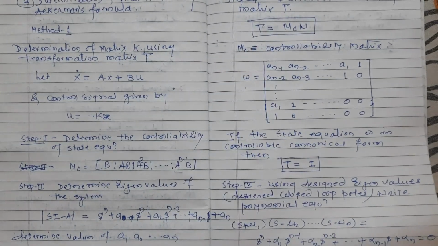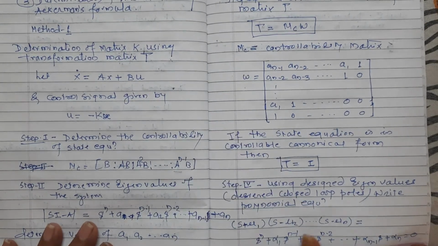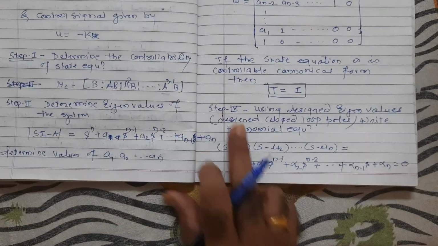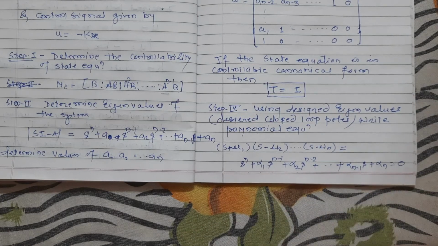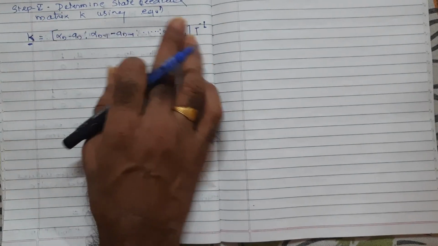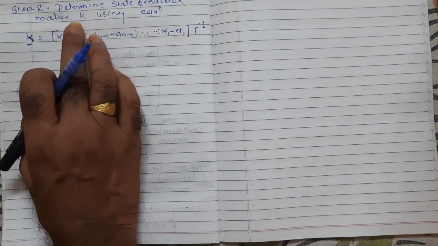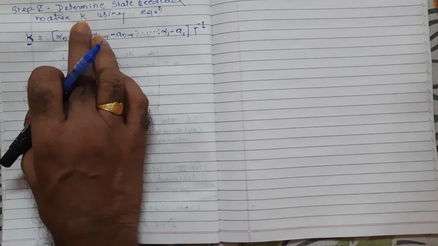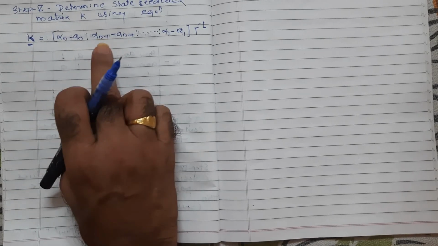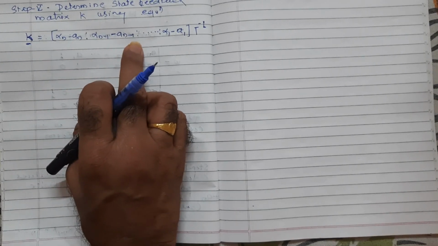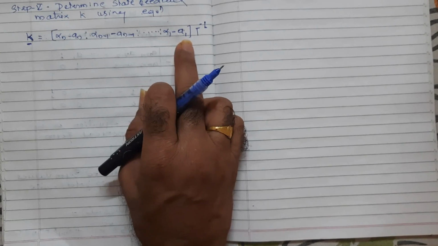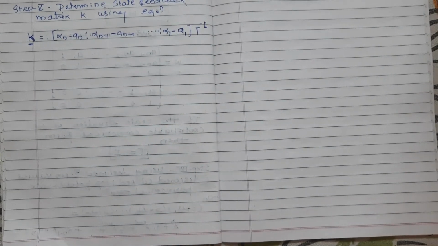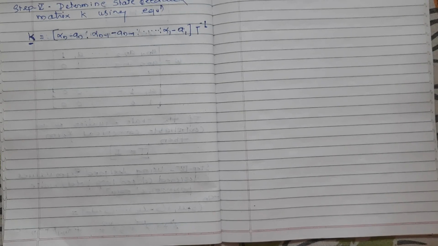Now after getting T, just find out from your desired pole locations alpha 1, alpha 2 up to alpha n, and then we will use the formula to find the state feedback matrix K. It is equal to alpha n minus an, alpha n minus 1 minus an minus 1, up to alpha 1 minus a1, times T raised to minus 1, that is T inverse, which we have to find out.